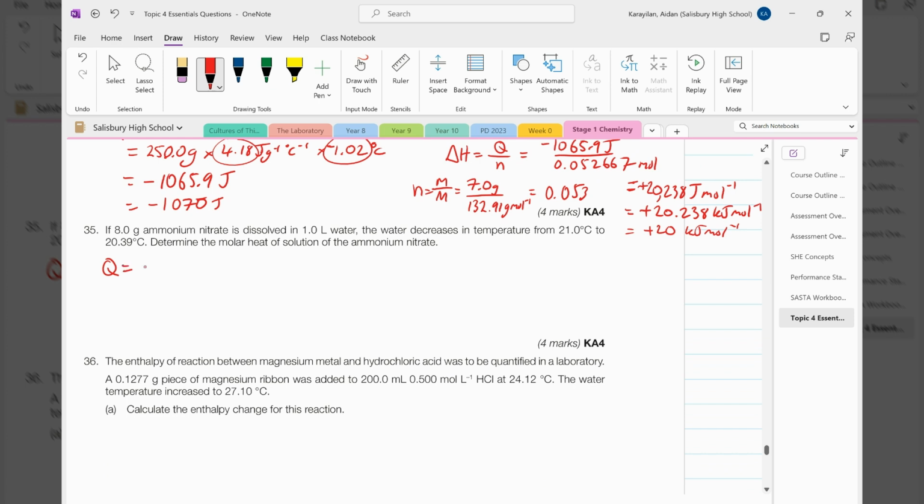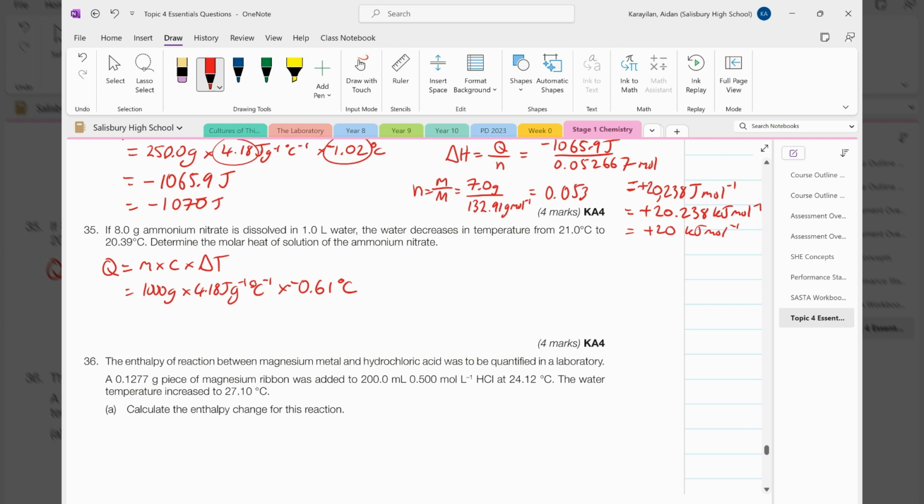So Q is, again, m times c times delta T, which is the mass of water, 1,000 grams in 1 litre, times 4.18 joules per gram per degree C, times our change in temperature, which in this case is 0.61 degrees C. And it's a decrease, so it has to be negative, because the water is losing this energy.